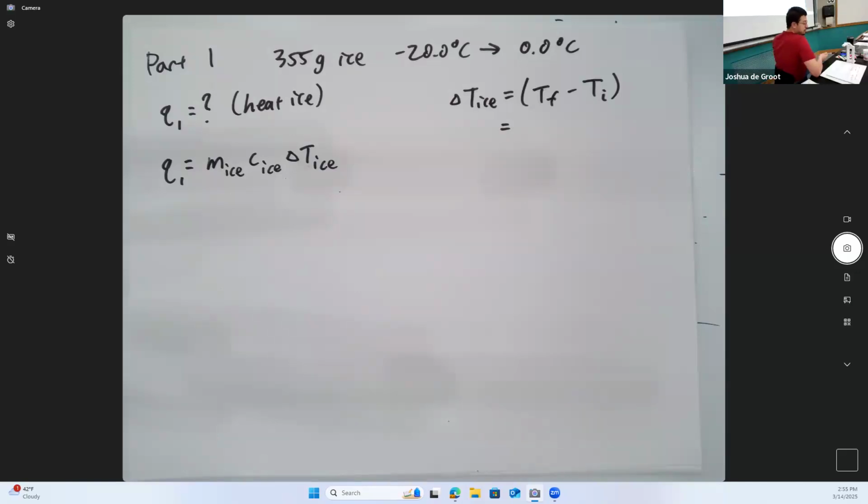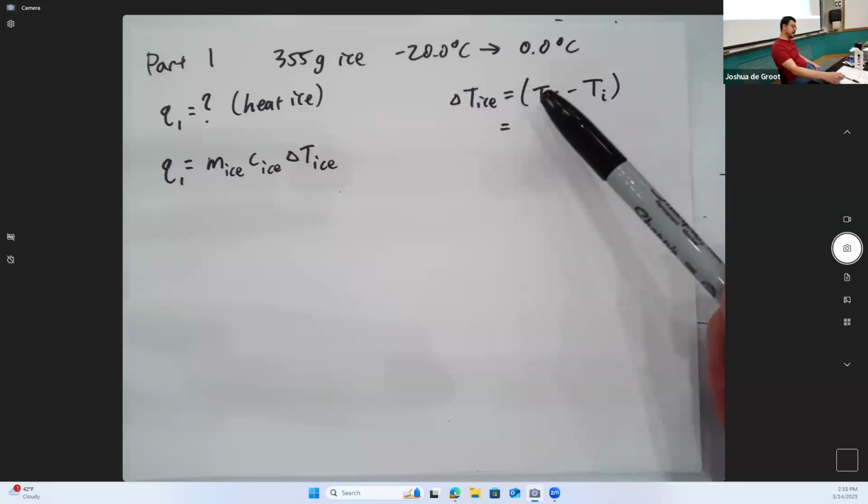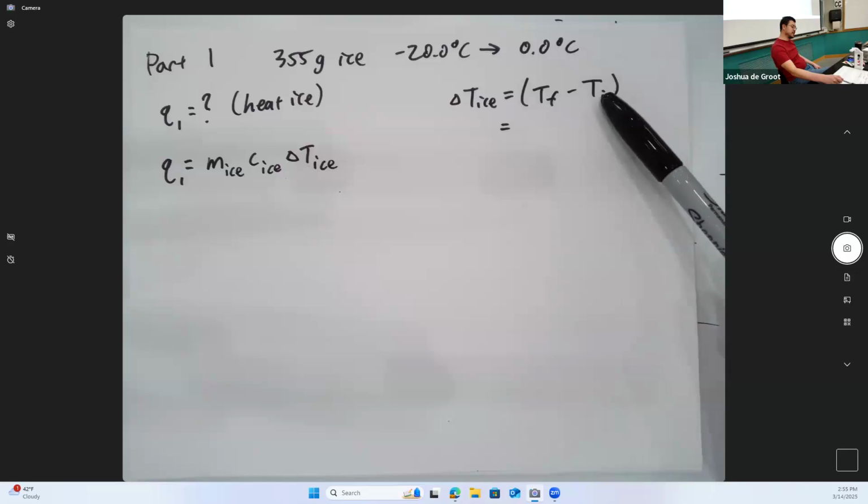The most common problem in these equations is people usually do the math correct, but people often get the signs wrong when they're feeling anxious. My cure for the anxiety is to follow very strictly: find out what your final is, find out what your initial is, and do final minus initial.